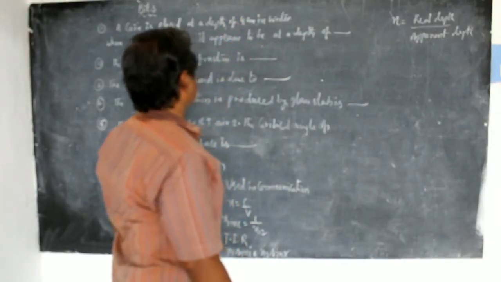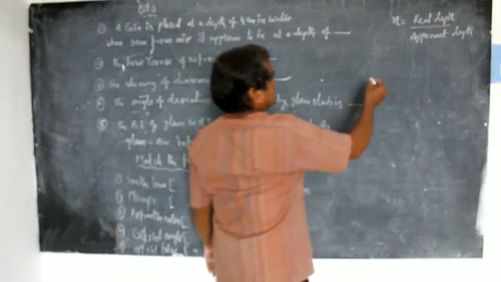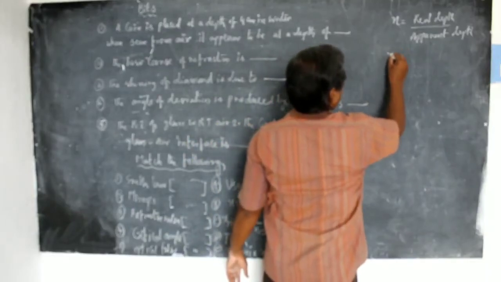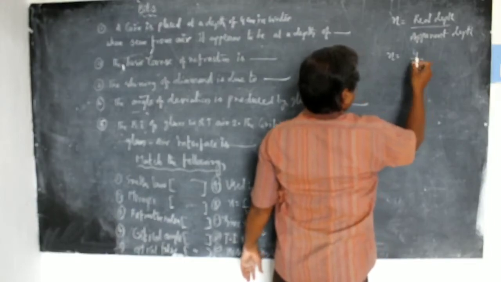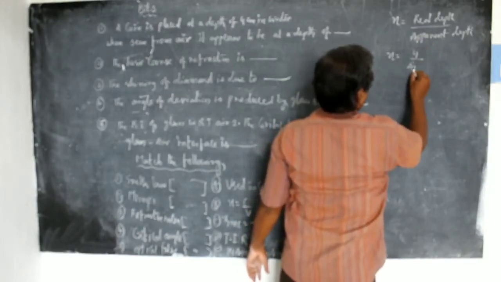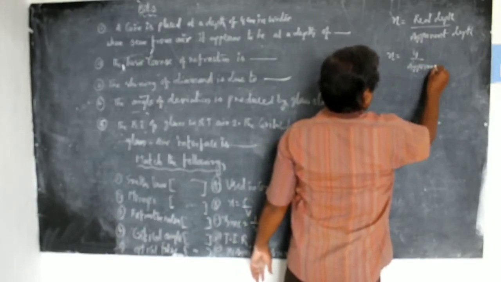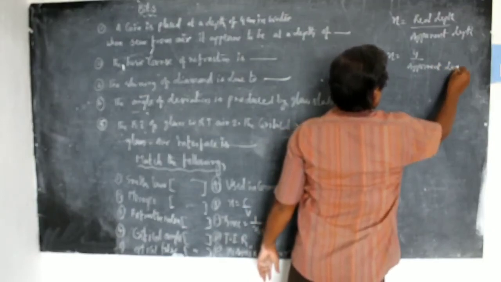So n is equal to real depth 4 divided by apparent depth.